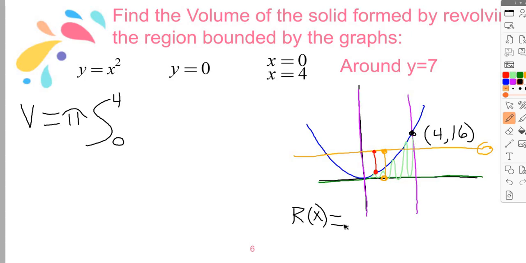What's the length of that? 7. It's just a rectangle, right? So it's just a line. My length is just going to be 7. Now we do have to do a little bit of thinking with our little r though. What would our little r's distance be?